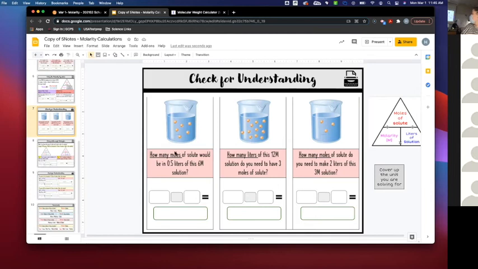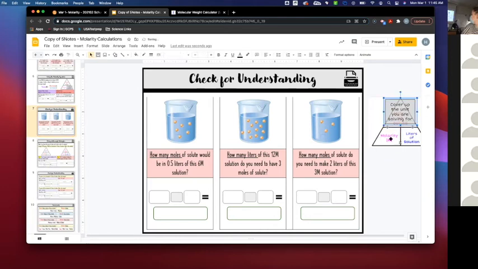So how many moles? If you're finding moles, then cover up the unit you're looking for. So for the first one, we're going to be doing this times this. How many liters? We'll cover up liters. And then we have moles divided by molarity. And then how many moles? Okay. I want you to try that. Everybody.